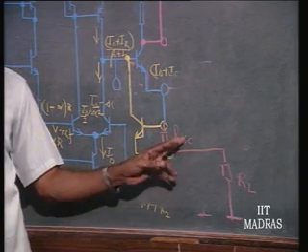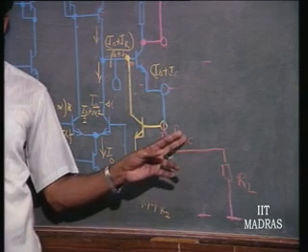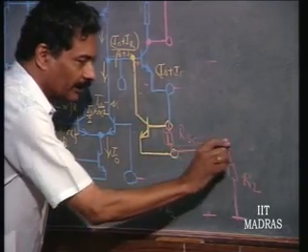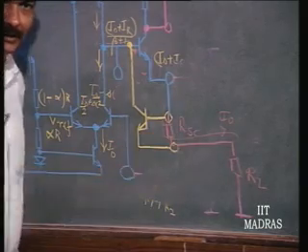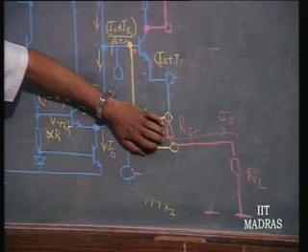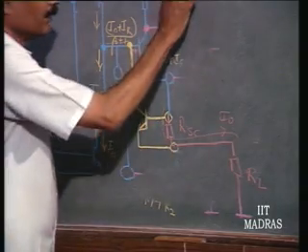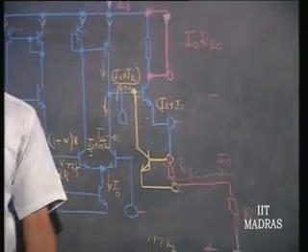This resistance is supposed to sense the overload current. Now, this is sensing the load current, because it is coming in series. Forget about the transistor for the time being. So, the voltage across this is I naught into RSC. That is going on increasing.